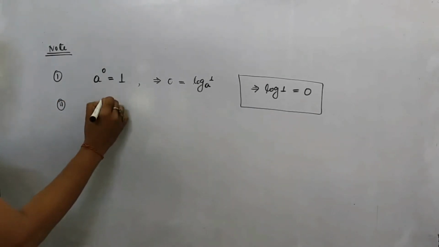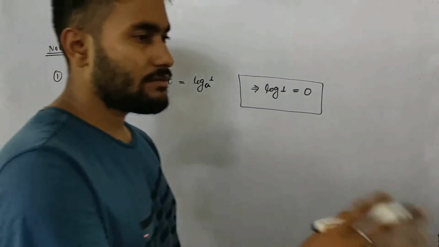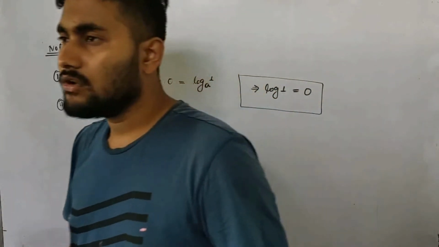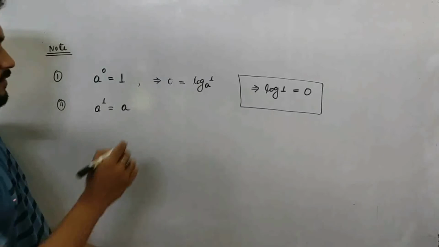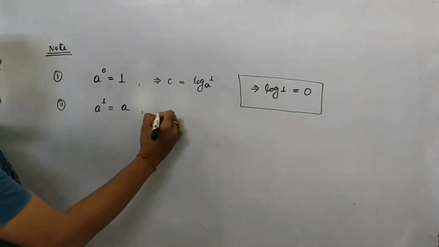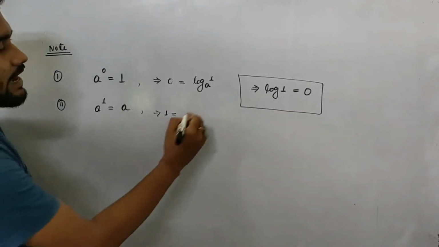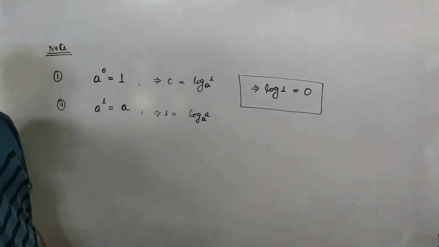A to the power 1 will be equal to what? A. We know that anything to the exponent 1 is that base only. So a to the power 1 is equal to a. So I can say 1 will be equal to, if I take this base that side, log a to the base a.